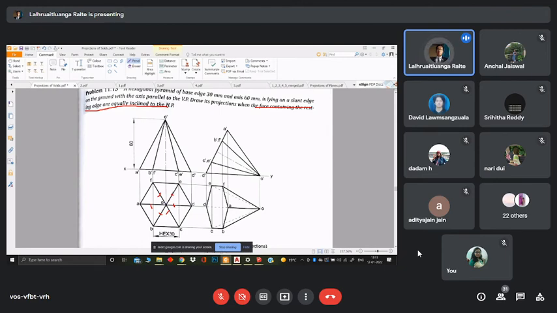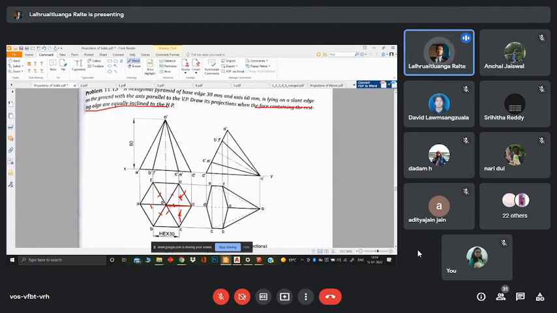And when one of these edges is sleeping, for example, when this OD is sleeping, it is going to make the planes, as the question is saying, the faces containing the resting edge, which would be these two faces, OCD and OED, equally inclined to the horizontal plane.